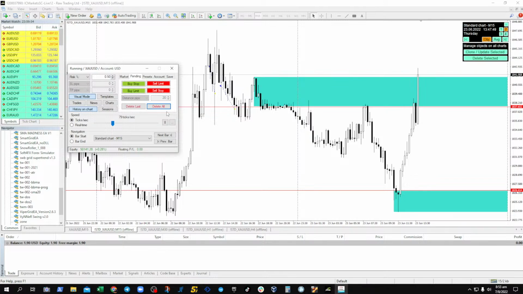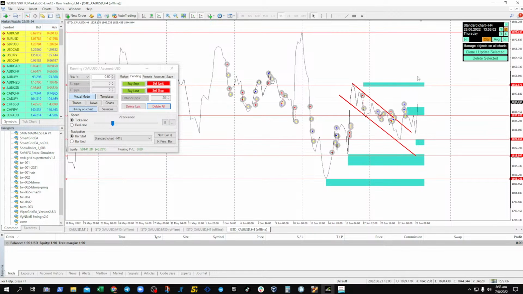Wow, it goes up really high. Oof. Okay, so looks like the price continues to go bullish because, as you can see here on H4, the channel breaks out, right?